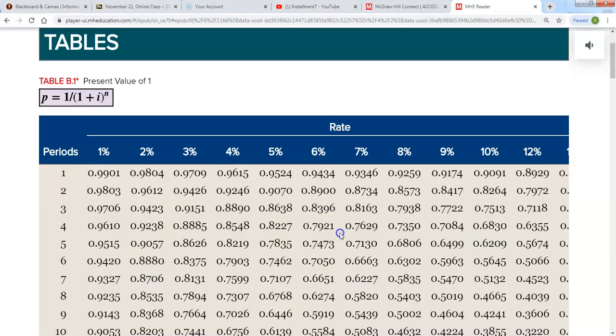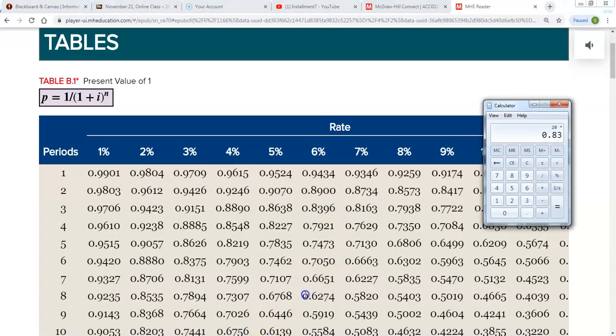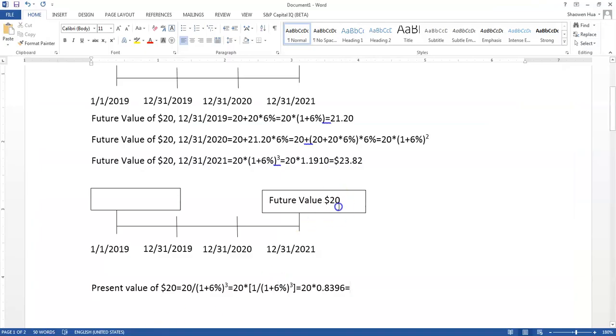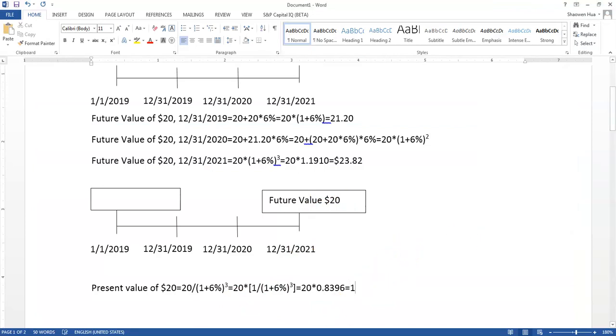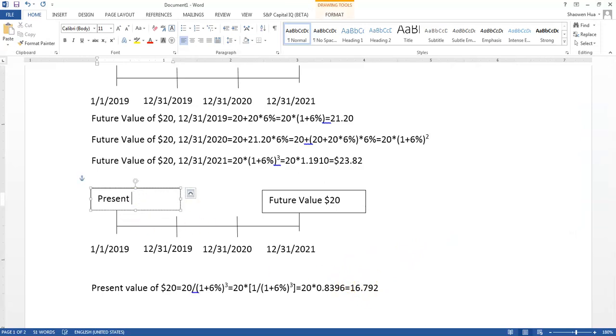Therefore, the $20 in the future is worth $16.79 now. So that's how we calculate present and future value of one single amount.